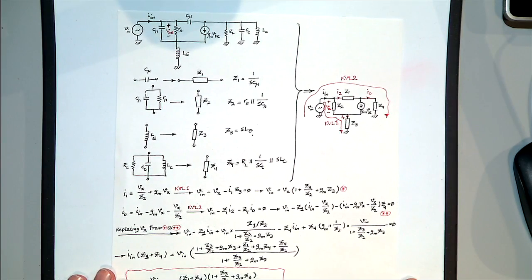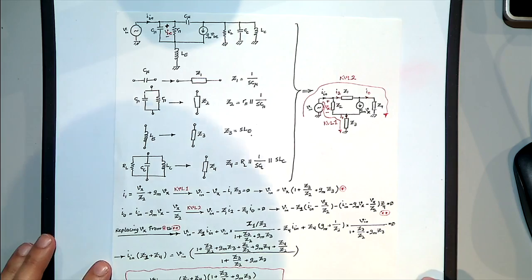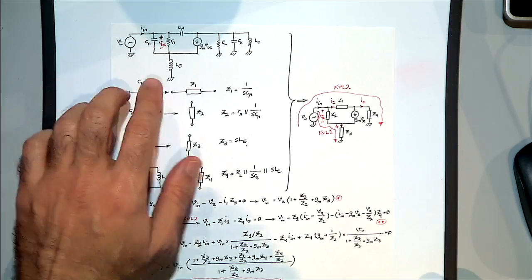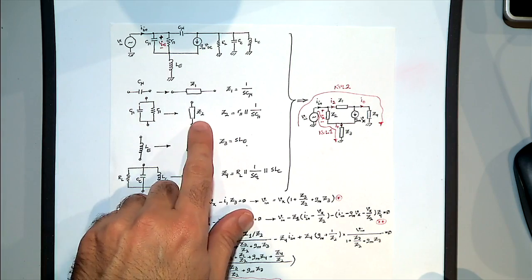Okay. So for assignment 2, it says to find the Z in for this circuit in such a way that C pi and C mu are not negligible. I mean, we have a feedback from the output to the input. So what I've done is that I divided the circuit. I replaced the C pi and R pi in parallel as Z2.